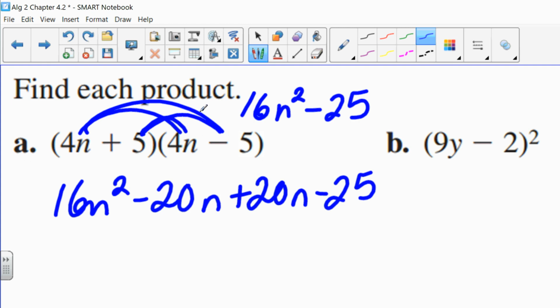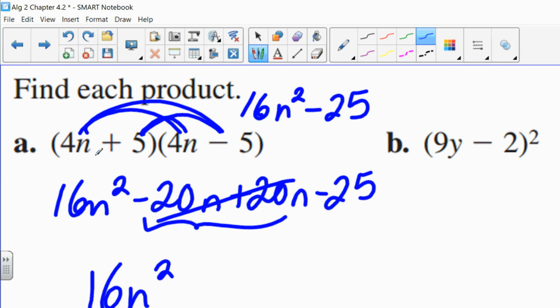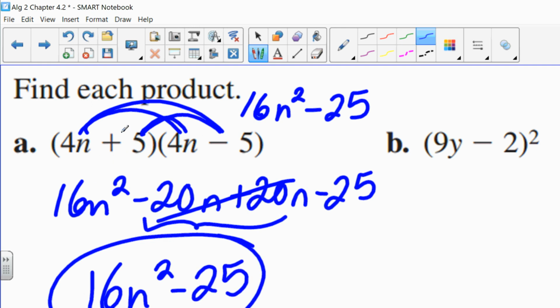While doing this here, we ended up with a few more terms, yes? Do we have any like terms? Well, negative 20n plus 20n, yes? Which is 0. These are gone, leaving me with 16n squared minus 25. So we got the exact same thing, it just was a few more steps. Because if we remember that pattern with the difference of perfect squares, we can get to this here a little bit quicker.